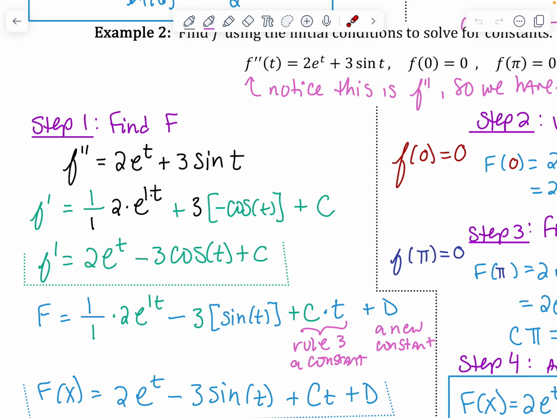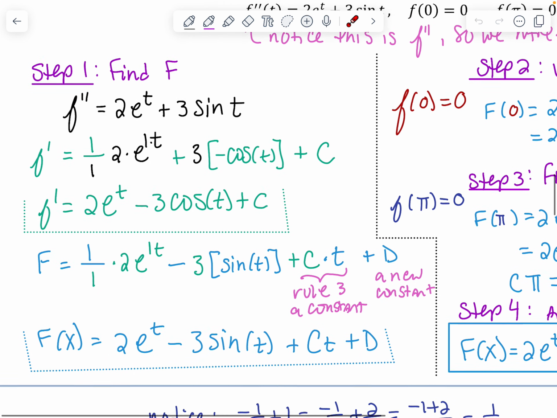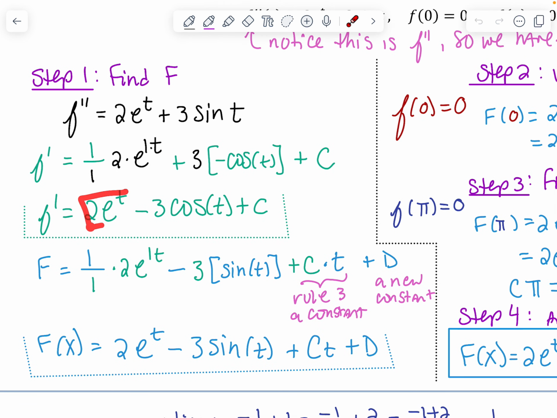So really, I don't look like I've done much to the first term, but again, multiplying that 3 with a negative sign gives me minus 3 cosine of t plus c. But I don't have initial conditions with an f prime, so I need to take the antiderivative again.